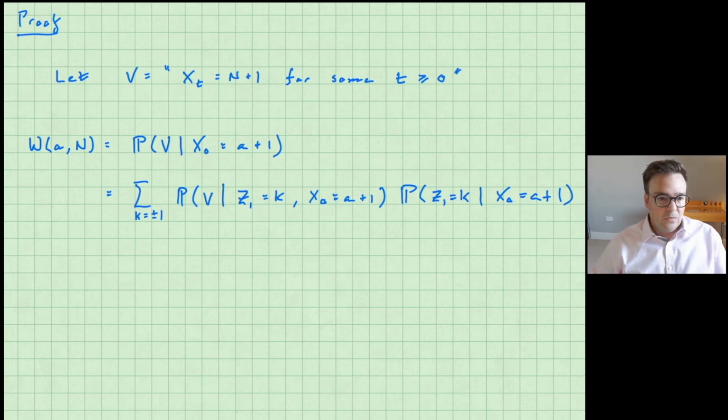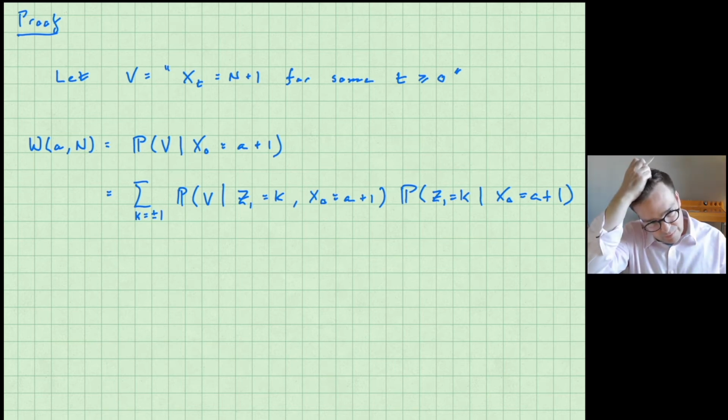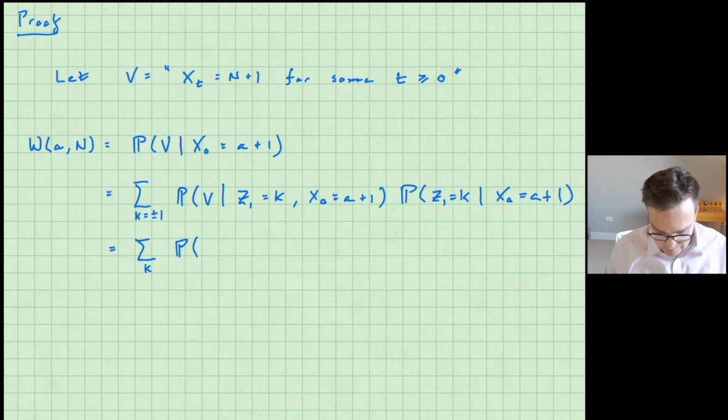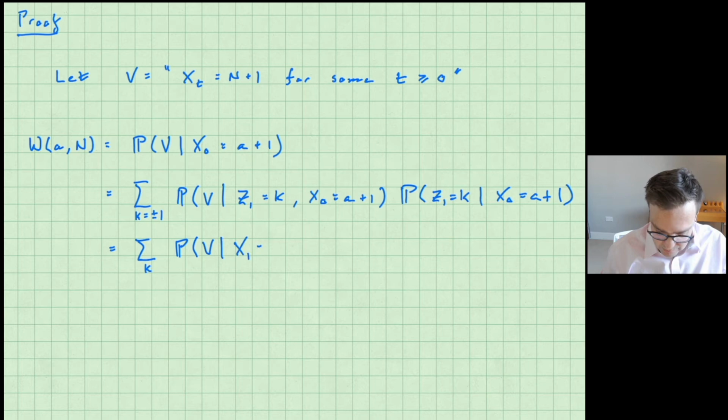Right, now Z1 doesn't depend on what x0 is, so writing that conditional part for the second term there is irrelevant. And so let's clean this up a bit. And we can also clean up the first term. So we'll say this is a sum over K. Then we have the probability of V given, and I'm going to rephrase things not in terms of Z, but in terms of X. So given that X1 is equal to what?